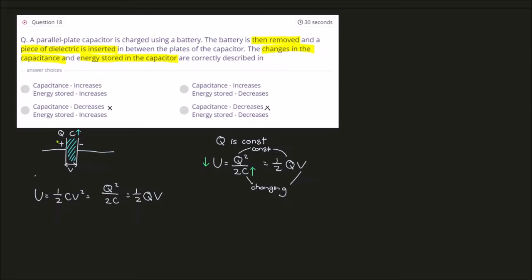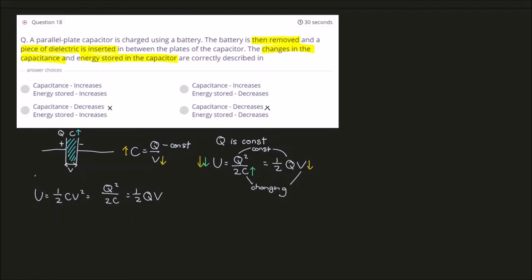But you can also do it step by step. You can do it using C equals Q over V, and because we know that it's electrically isolated, then Q should be constant. So if the capacitance happens to really increase, then it must be due to the decrease of V. So if V is decreasing, then of course we know that U should be decreasing.